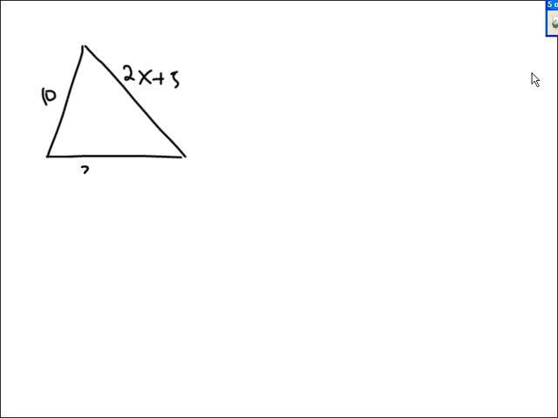Try one more. Here's a nice problem. Suppose this is 10 and this is 2x plus 5 and this is 3x minus 2.